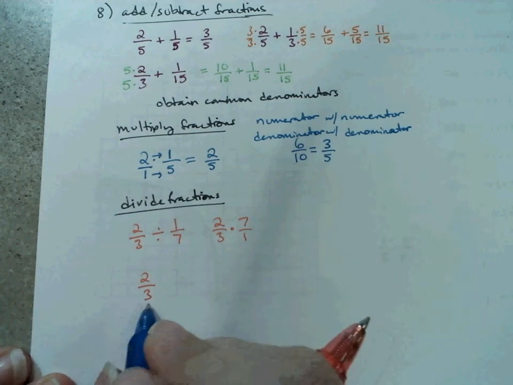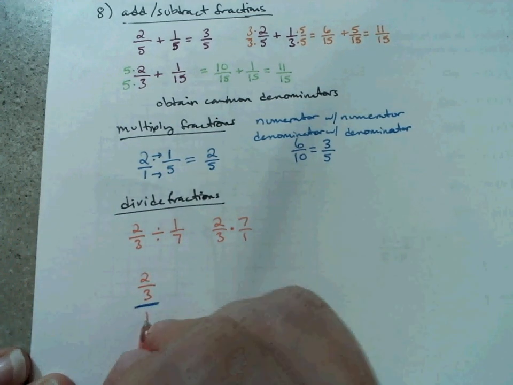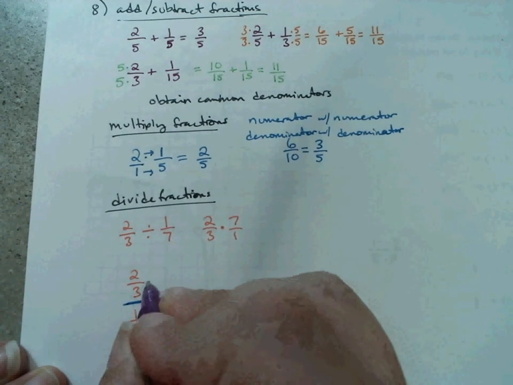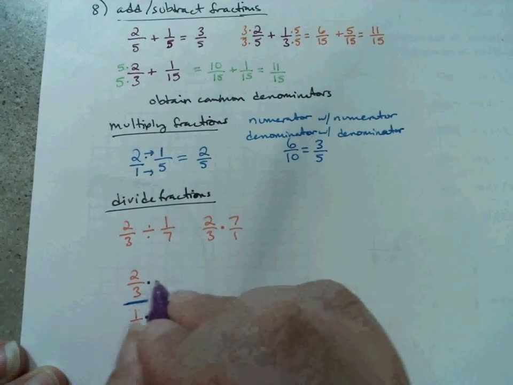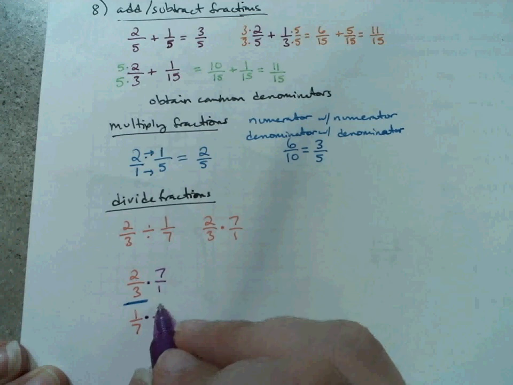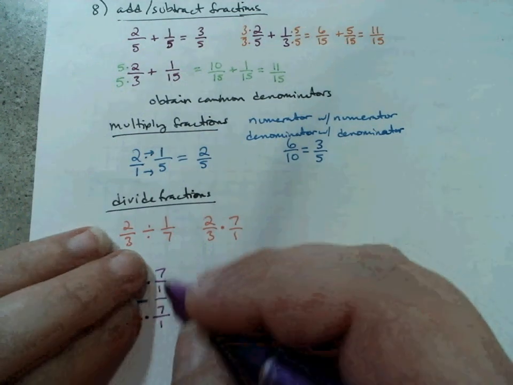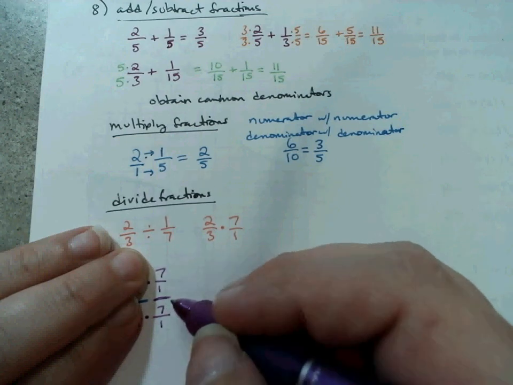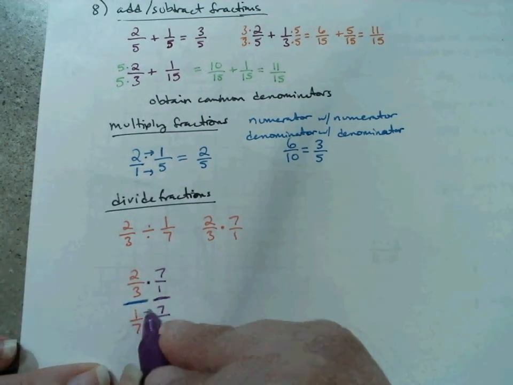If I ask you to divide 2/3 by 1/7, the reason why it's equivalent to 2/3 times 7 over 1 is because if you're dividing a fraction by another fraction, you multiply both the numerator and denominator by the reciprocal of the denominator. And remember, we can do that because that's 7 over 1 over 7 over 1. That's something divided by itself. That's just 1. We're multiplying by 1.